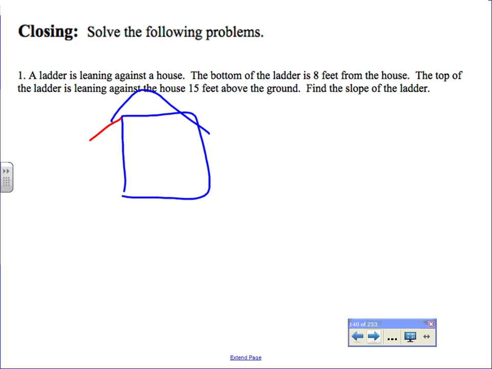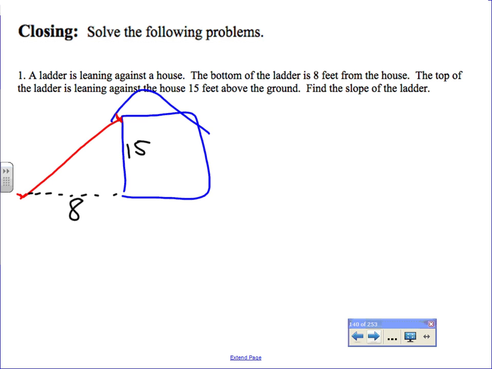I know, I'm an artist. So this is my ladder. Which one should be 8 and which should be 15? 15 is the top, so where should I put 15? Right here. And then 8 is the bottom right here.